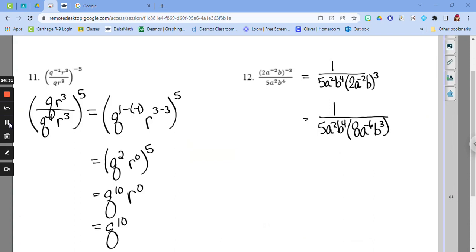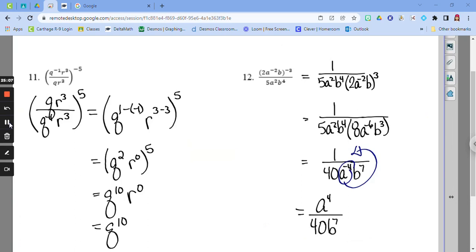First, I multiply 5 and 8 to get 1 over 40. 2 plus a negative 6 make a negative 4. 4 plus 3 make a positive 7. So the only thing I need to do is to move that a to the negative 4 to the top. So that's a to the 4th over 40b to the 7th.